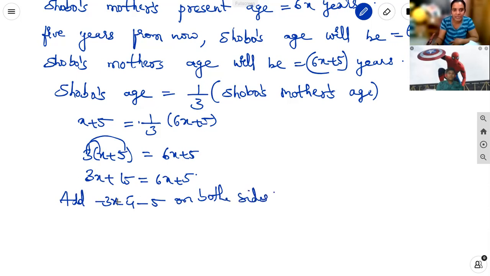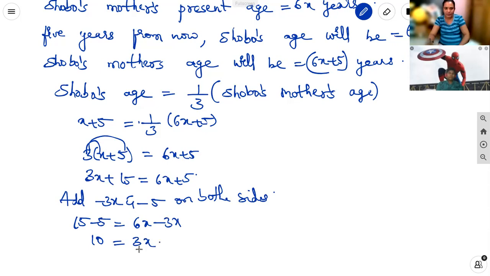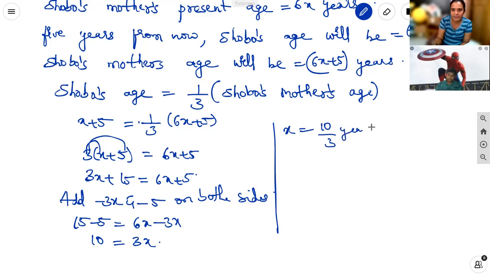Minus 3x means 3x is eliminated. 15 minus 5 equals 6x minus 3x. So 10 equals 3x. So x equals 10 by 3 years.